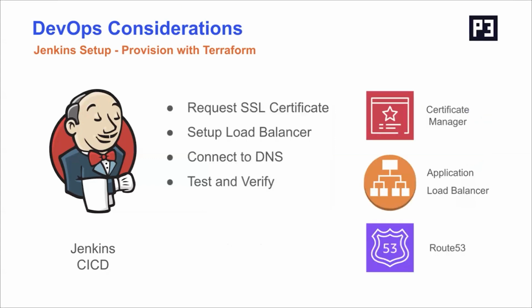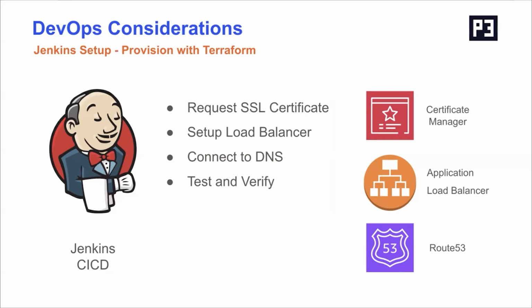And the next part is for Henry. Thank you, Jason. Hello, I'm Henry. So this slide illustrates how Route 53, AWS ACM, and the ALB work together to enable secure access to Jenkins. Starting with Route 53, it acts as our DNS, mapping domain names to the ALB.